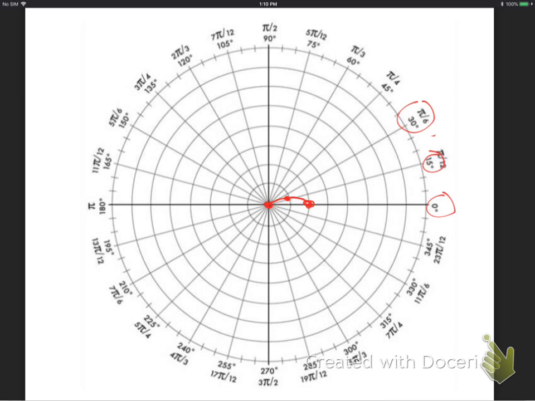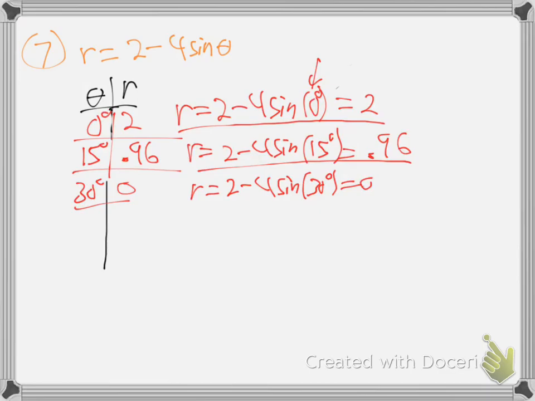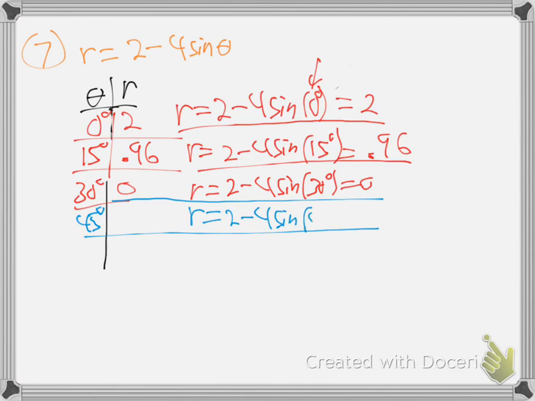Let's keep going. Let's go up to 45. Aim at 45. R equals 2 minus 4 sine 45. Negative 0.8. Good enough.